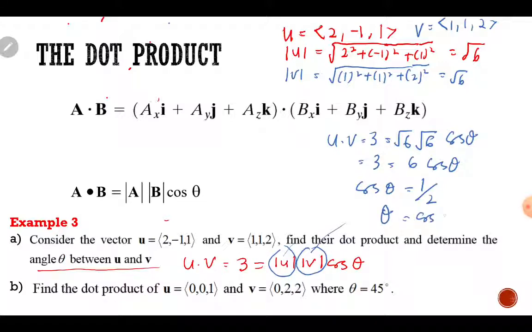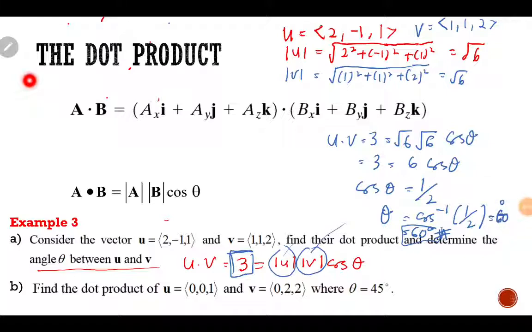Theta is equals to cos inverse of half, where you may press the calculator, is equals to 60 degree. So that is the answer for A. We get the dot product is equals to 3 and the angle between vector U and V is 60 degree.